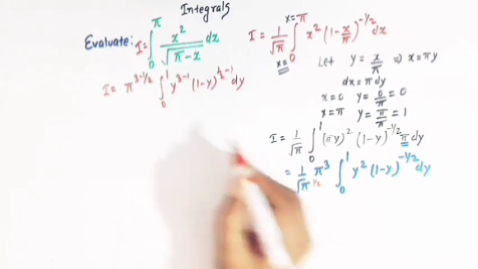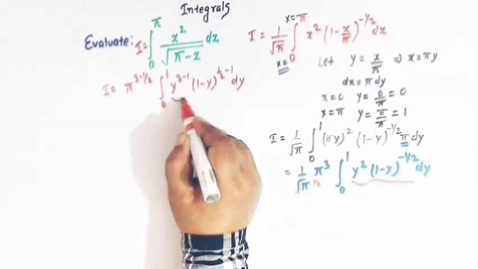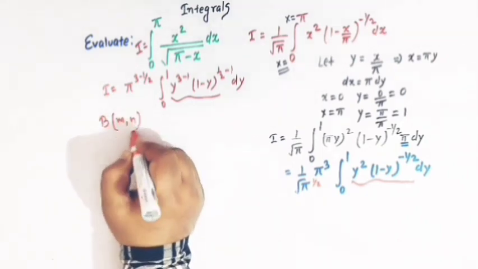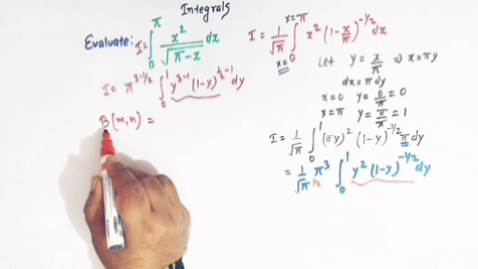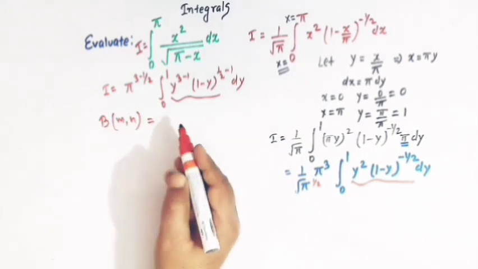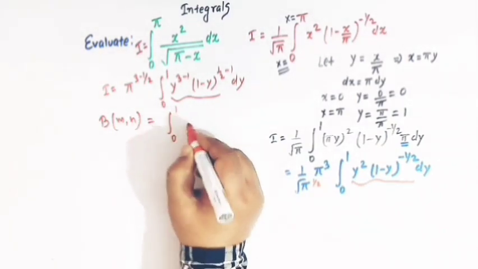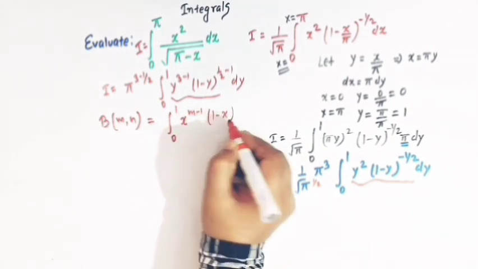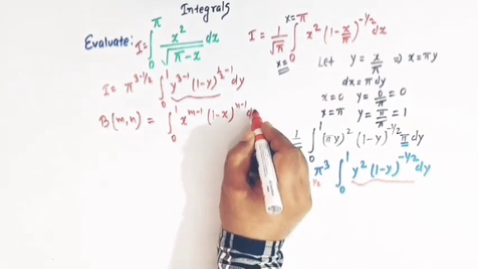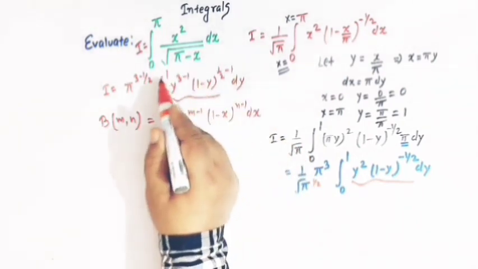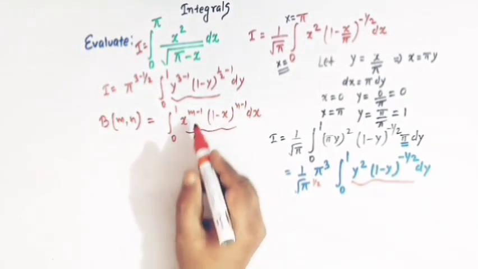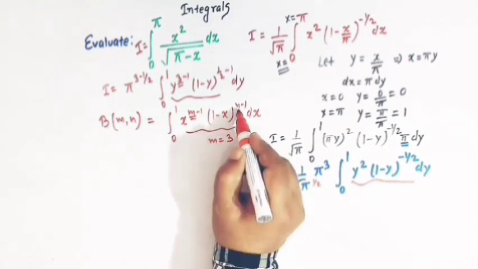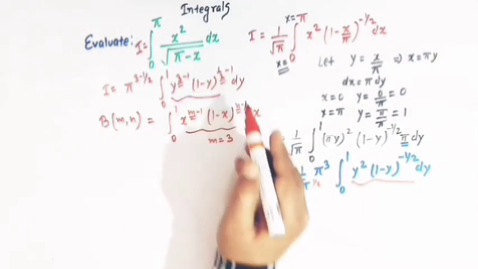We have written this integral in this form because we are going to use the definition of the beta function, right? The beta function is defined as B(m, n) equal to the integral from 0 to 1 of x raised to m − 1, times (1 − x) raised to n − 1, dx, right? If we compare this integral with this one, we see that the value of m is equal to 3 and the value of n is equal to 1/2, right?